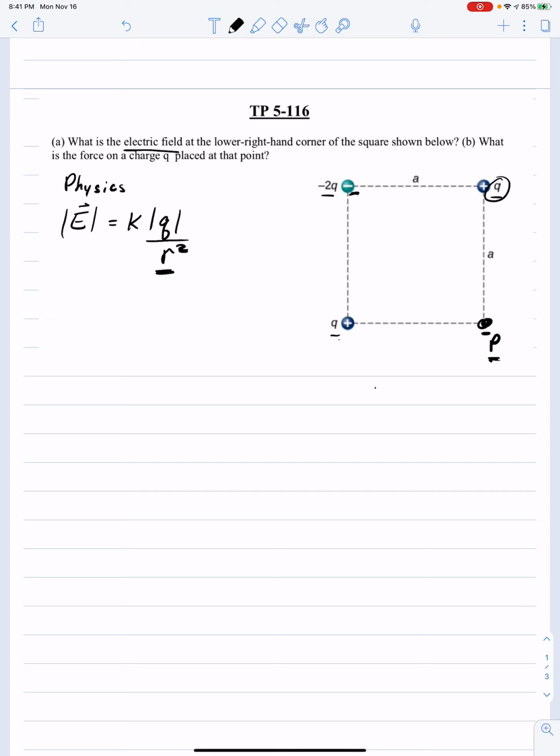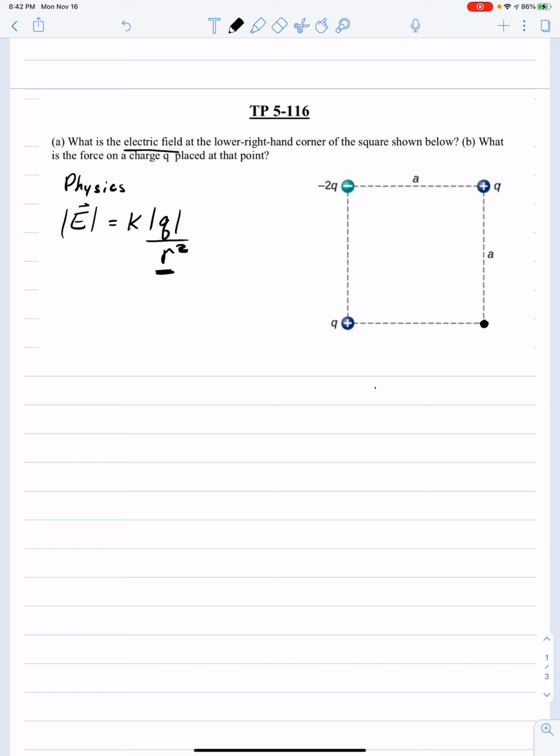Next thing that you need to do is make sure that you draw this. You understand how this works when it comes to drawing, because this will be either your savior or your doom. First of all, you treat this as you would the block 1 problems. We have to write a coordinate axis.